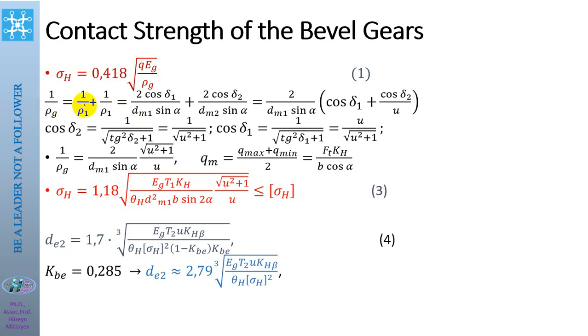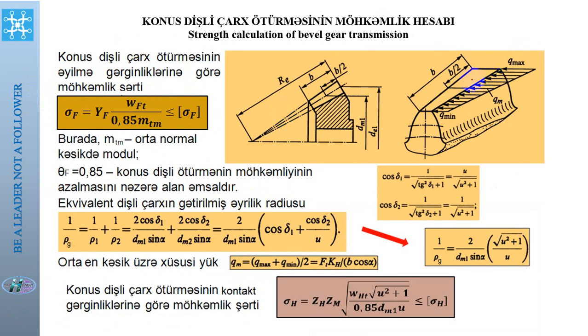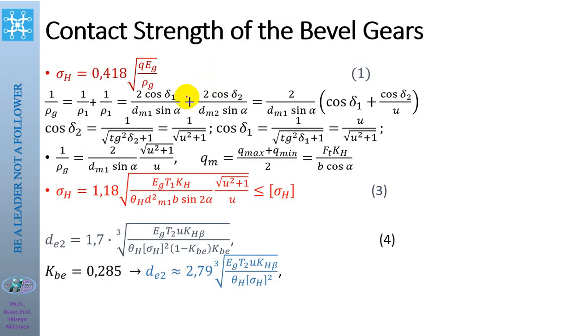Here is the equation for the equivalent radius of the gears. This may be found from the sketch of the contact stress. Using trigonometrical formulas between the cosines and tangents of the angle, we can find these equations.